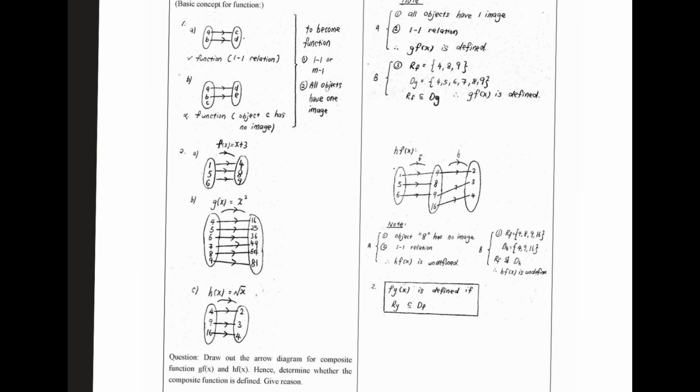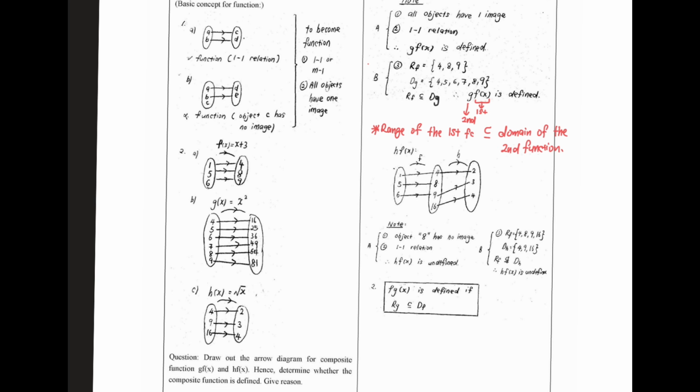Okay, so let's come back to here. A composite function, we start from the back. So this is called the first function, and this is called the second function. The range of the first function is a subset of or equal to the domain of the second function.